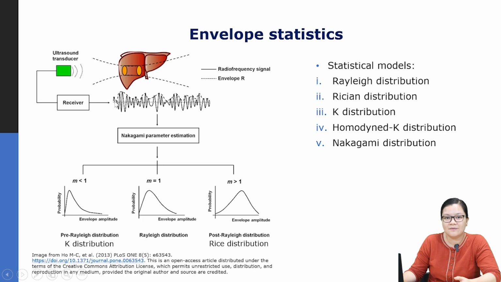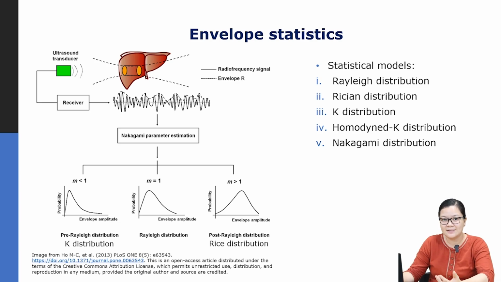What is being done in envelope statistics is that you compute the envelope of this A mode signal, your RF signal, and based on the probability distribution function of the envelopes, you can extract some parameters that are modeled out of different statistical distributions.